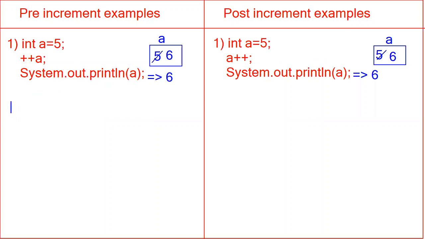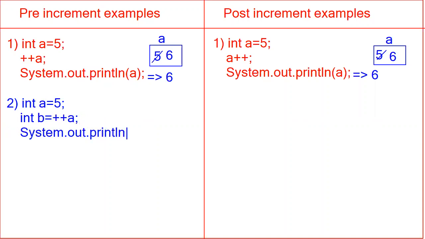Suppose one more example, see, second example. int a equal to 5, here int b equal to plus plus a, see. System dot out dot println a, system dot out dot println b.